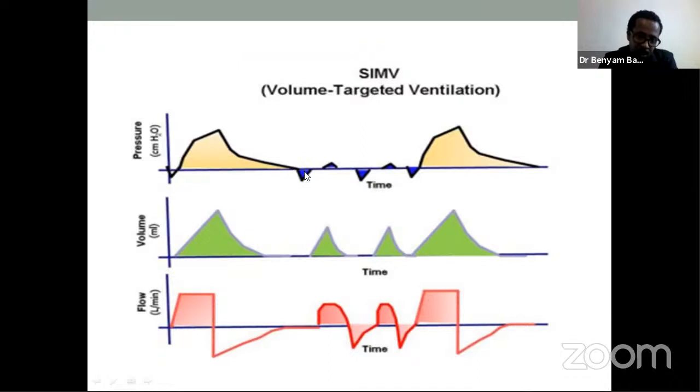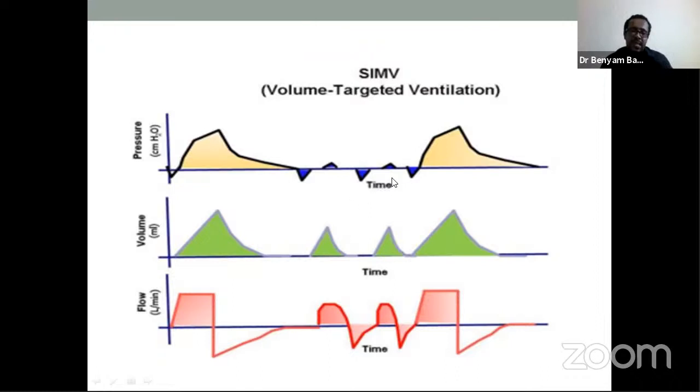Again, the patient initiates another negative pressure, but it's not pressure supported, but a certain tidal volume is delivered because the patient is able to generate a certain negative pressure. Again, the patient tried to trigger the machine, but did not receive any pressure support. It only got a certain tidal volume.